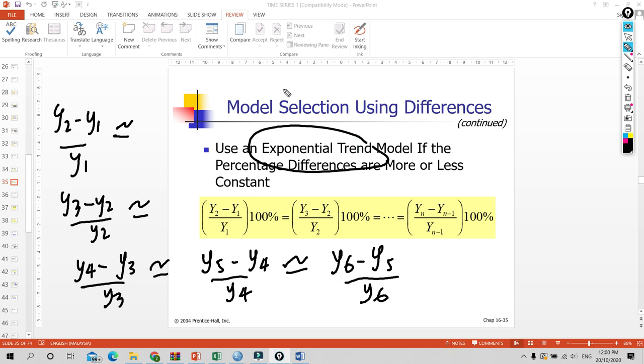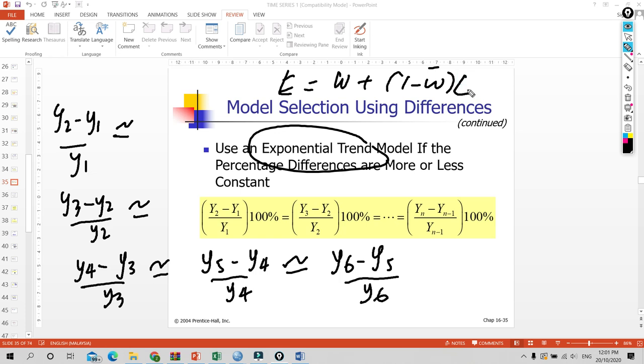For the exponential trend, the formula is Y equal to b0 multiplied by b1 to the power of X, isn't it? Sorry, multiplied by b1 to the power of Xi.